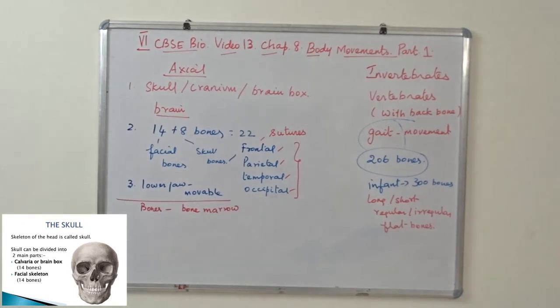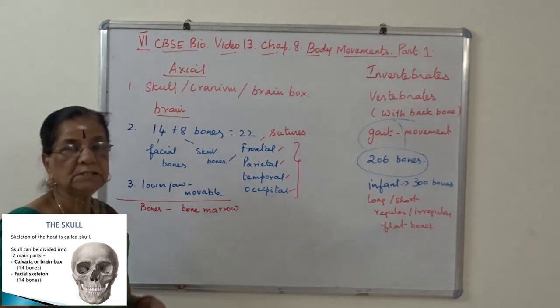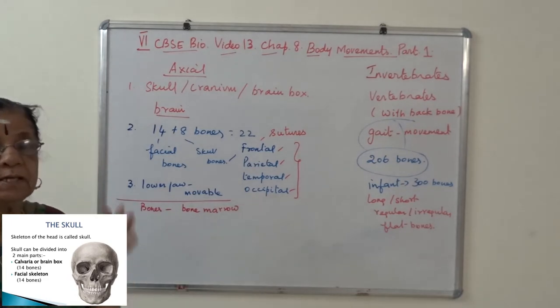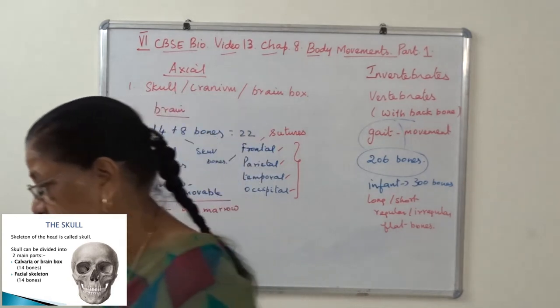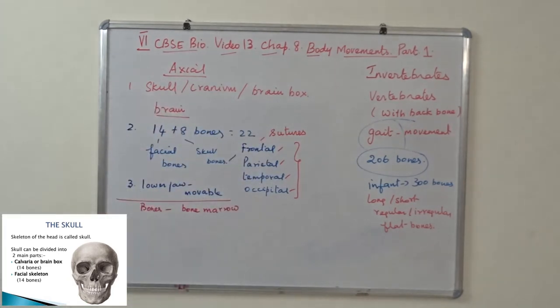So bone is formed of a spongy tissue, bone marrow, and it is rich in the mineral calcium. It also has protein.